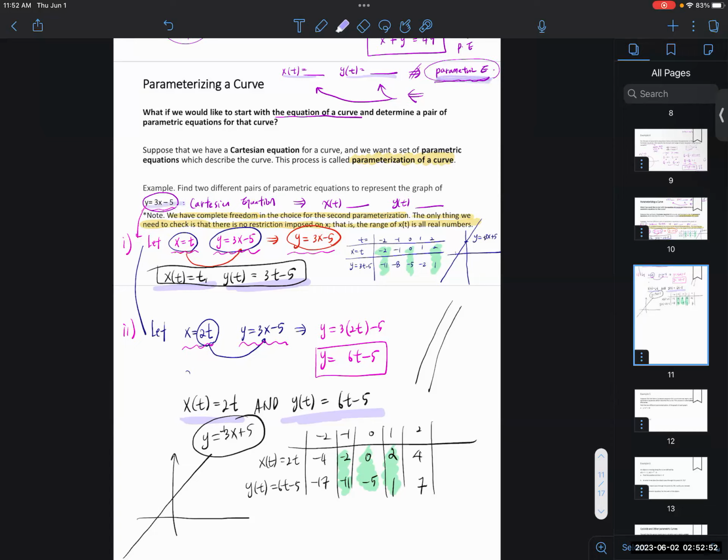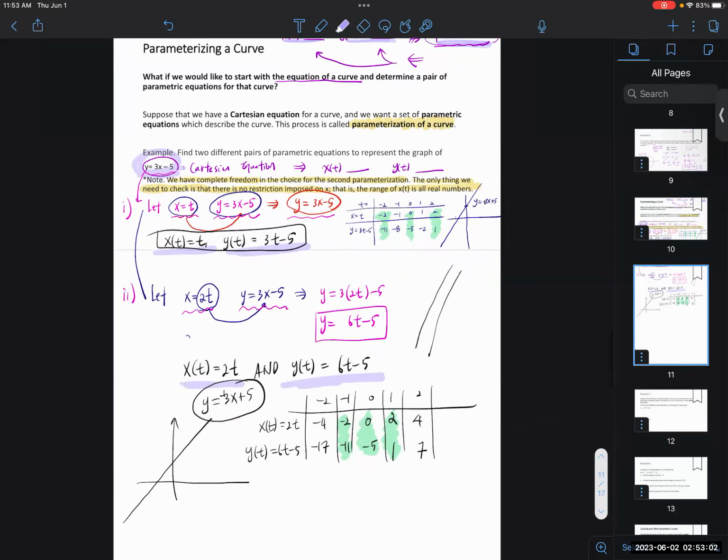The Cartesian equation is already given, and you're going to find what the x and y functions were. You fix the given equation as one of the functions, then change the other, x or y, check it out in the table and fill it out. You can find an infinite number of x and y functions. That's it. Not that complicated at all.